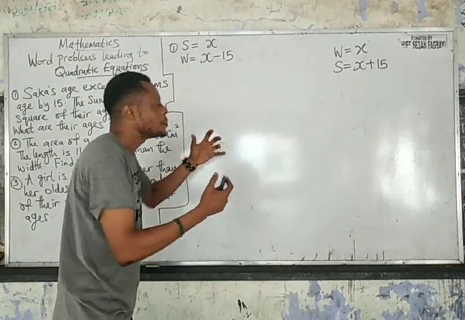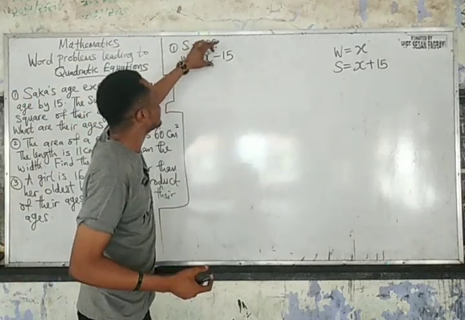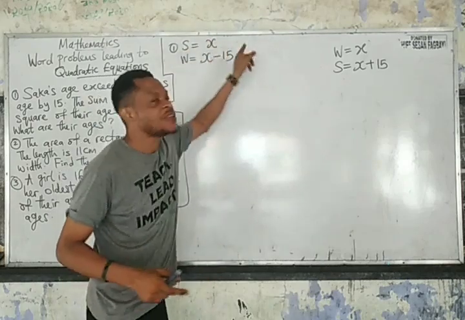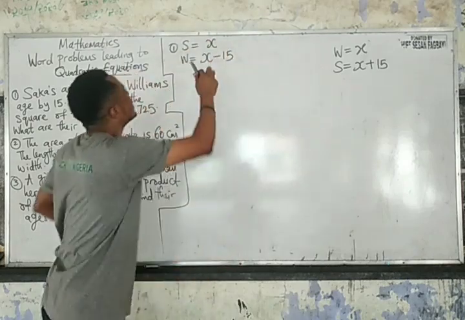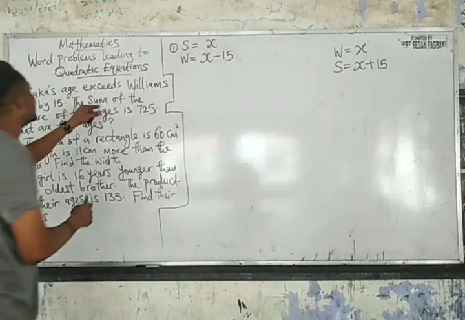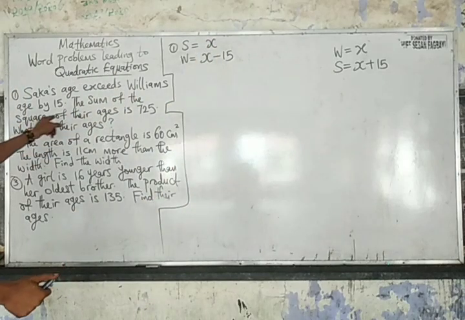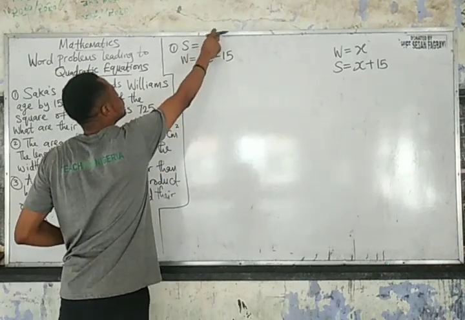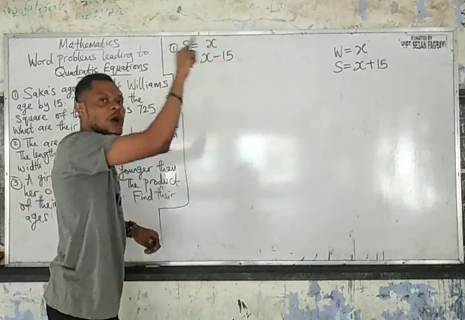The sum of this one and this one, the square of each one.